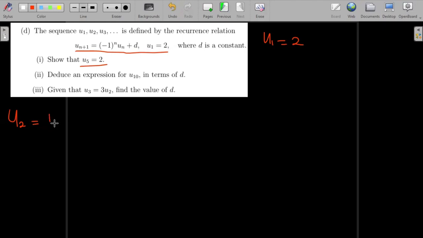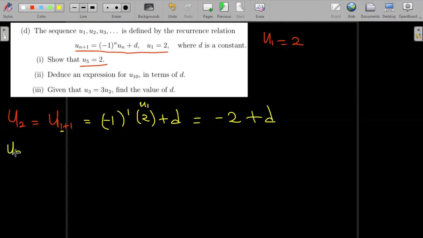So U2 is the same as U1 plus 1. We agree, right? So N here is 1. So this will be equal to minus 1, the power 1, and then U N, but the N is 1. So that will be 2, because this will just be U1, right? And then plus D. So this one, it will give me minus 2 plus D.